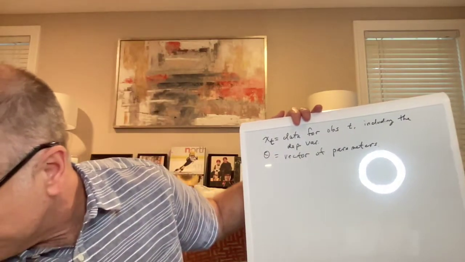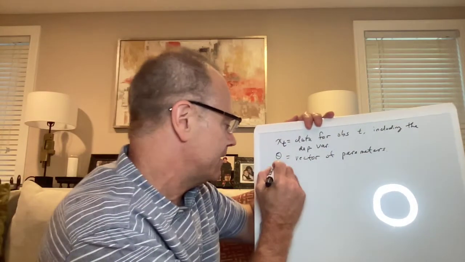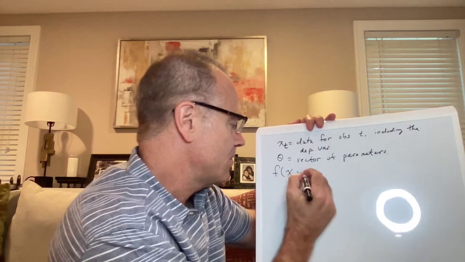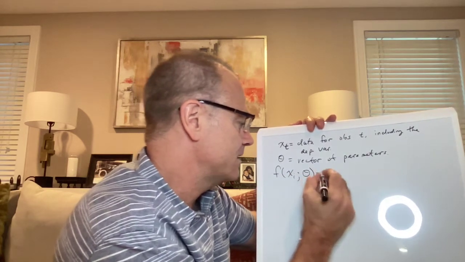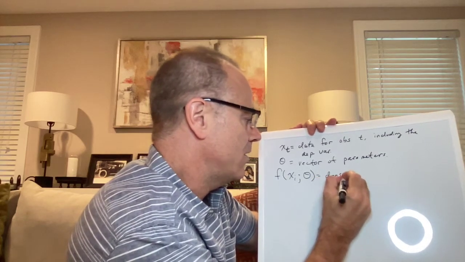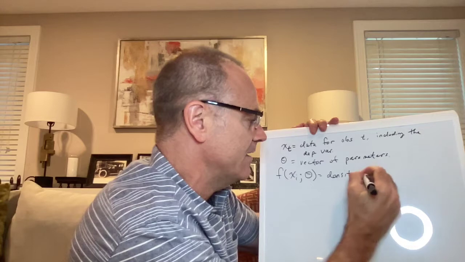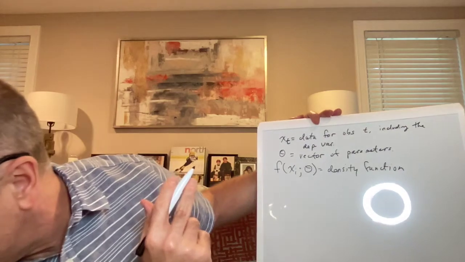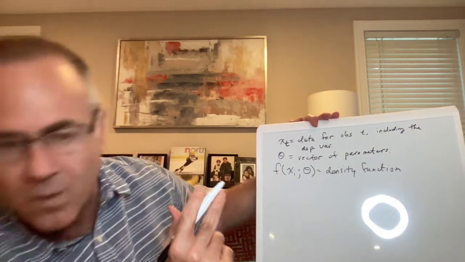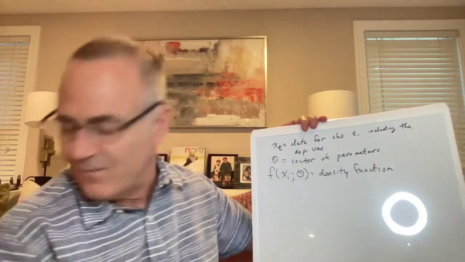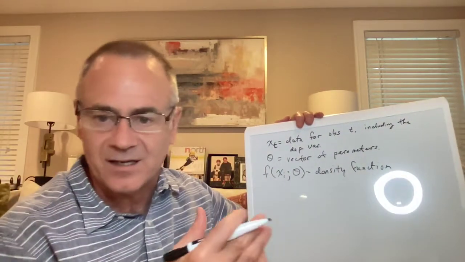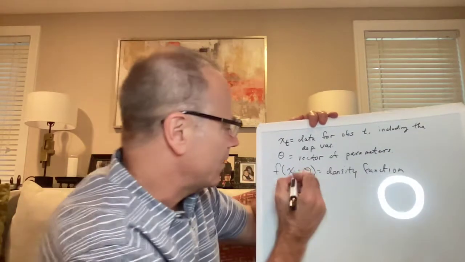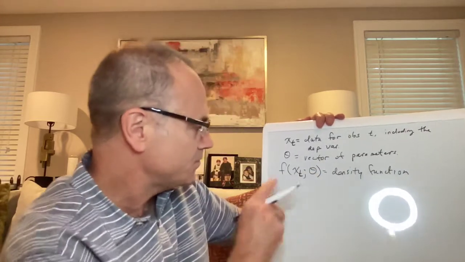Now, next thing, we will write f of x sub t, semicolon theta, and that is usually called the probability density function. When that density function is discrete, we'll call this the probability of observing x sub t.